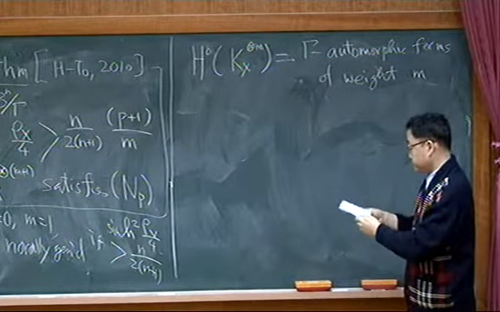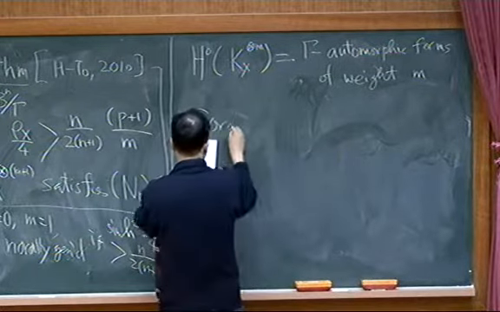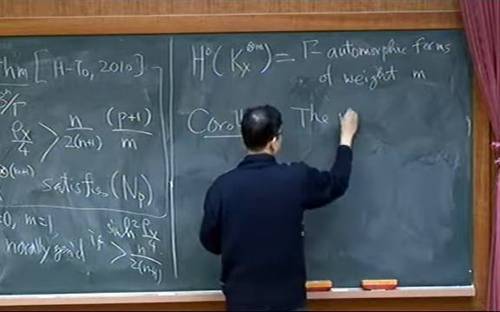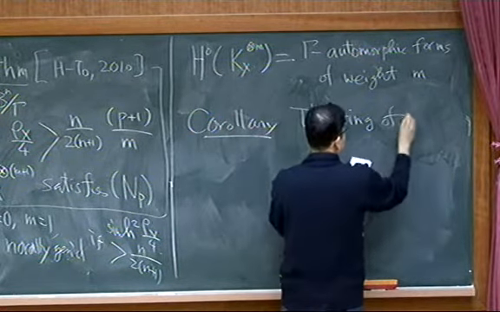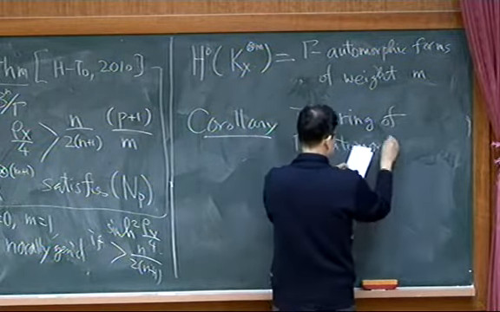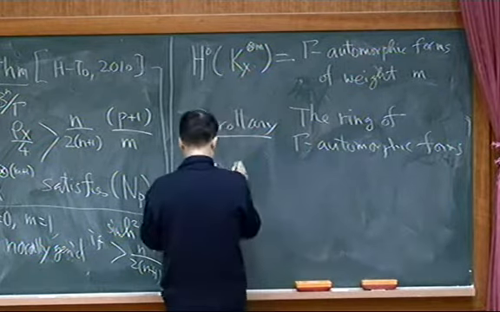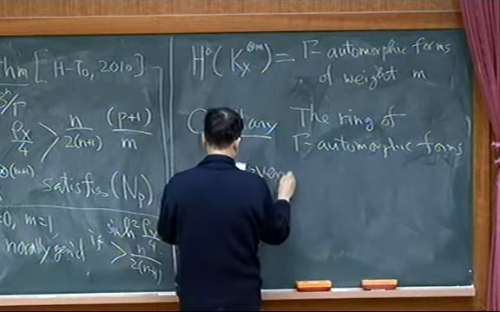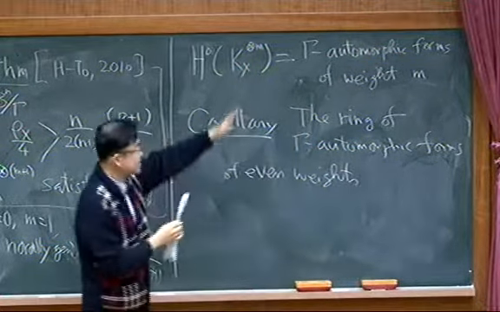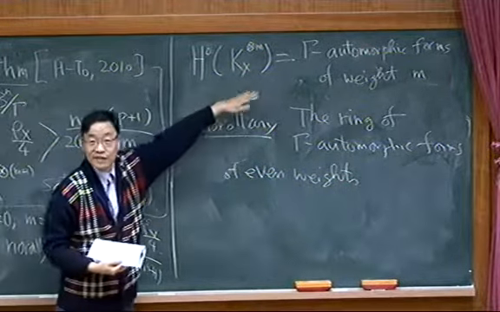And so our result can be translated in this classical situation: the ring of Gamma automorphic forms of even weights. If you collect all automorphic forms of even weights, they form a ring, because if you multiply them, this again has even weight.